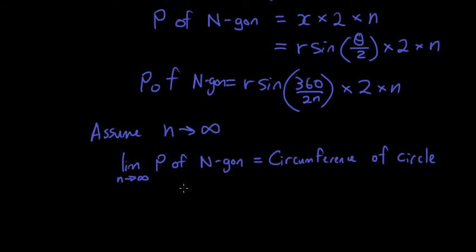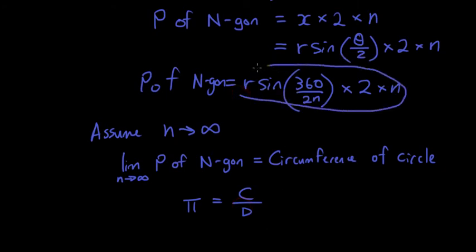So we can assume that n is a very big number, and this is therefore the circumference of the circle. Now let's go back to our first equation. Pi is equal to circumference divided by the diameter, and we're going to substitute the perimeter of the n-gon where the circumference of the circle is.